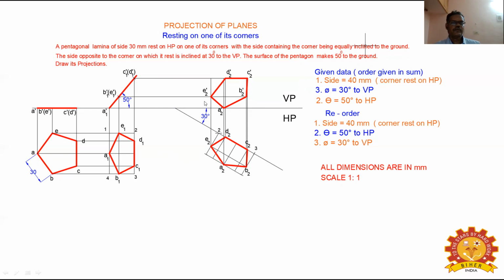From B1 dash, draw a horizontal line and mark the corresponding points as A2 dash, B2 dash, C2 dash, D2 dash and E2 dash. The red pencil indicates that it is an HP pencil. So finally mark 40 mm, angle 50 degree, and phi angle 30 degree. Write all dimensions in mm, scale 1:1.